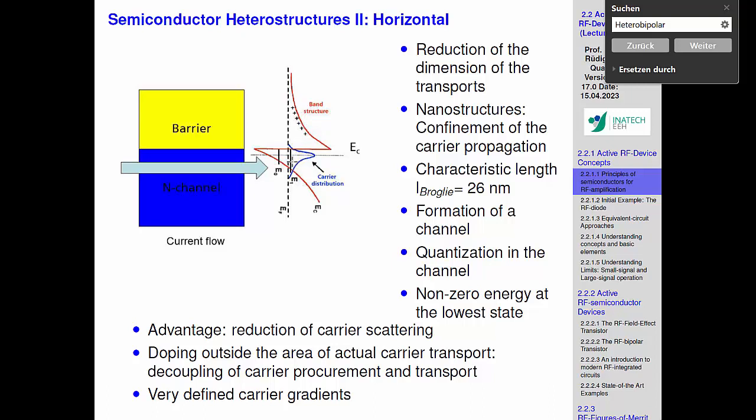What is new, and this is now the quantum part of it: if this is the energy axis, why should they go from here to here? Because there's a barrier in between.